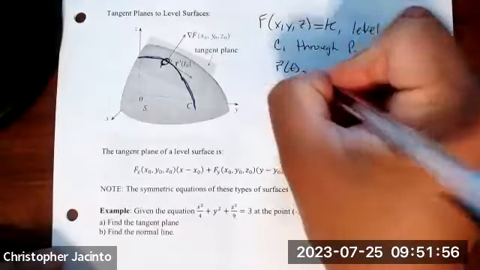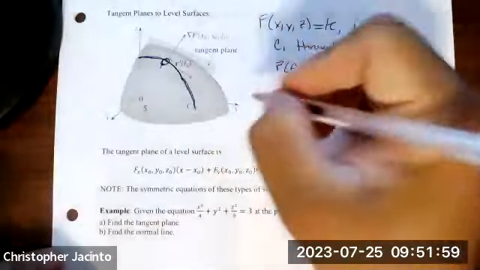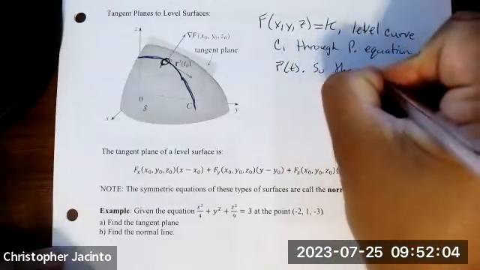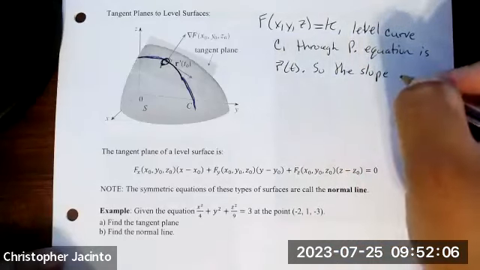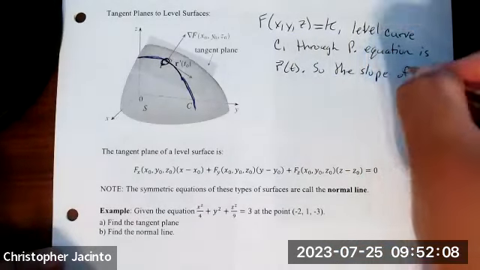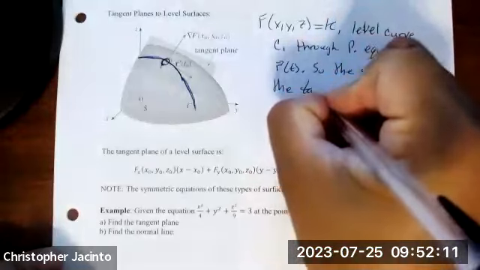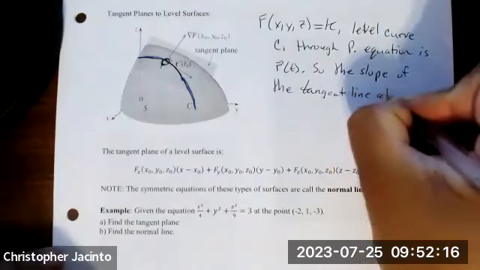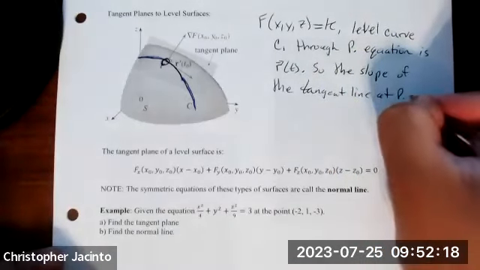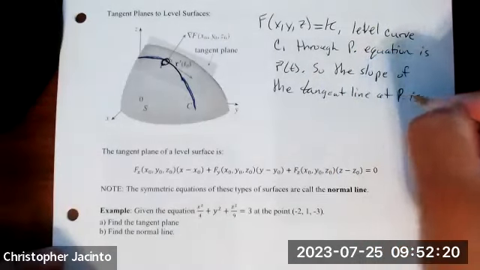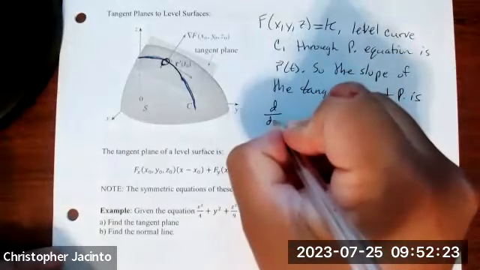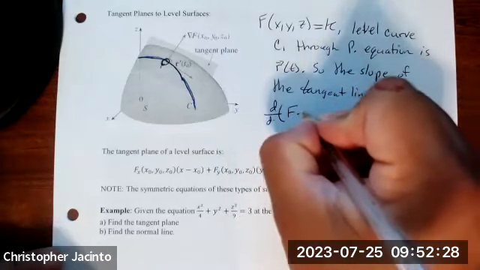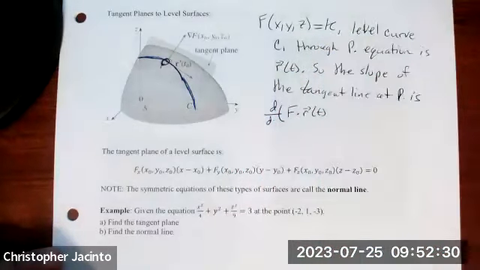Okay, so just like I said earlier, we could find the rate of change, the tangent plane, all that fun stuff at that point. So first, let's find the slope, which is the same as our tangent slope. That gives us that.